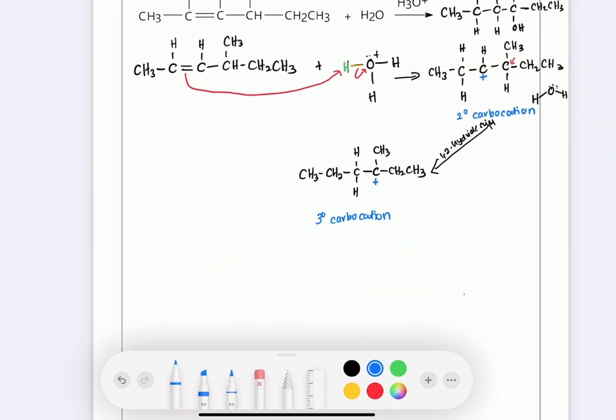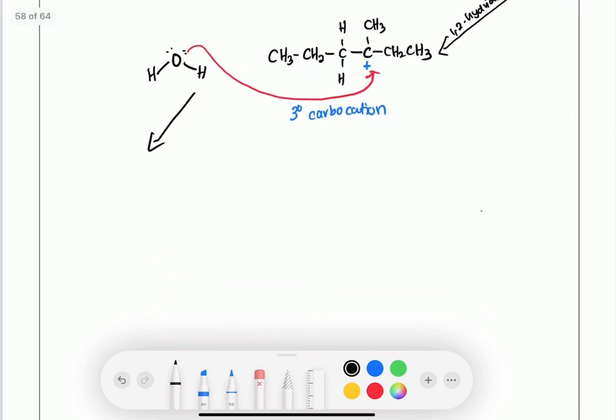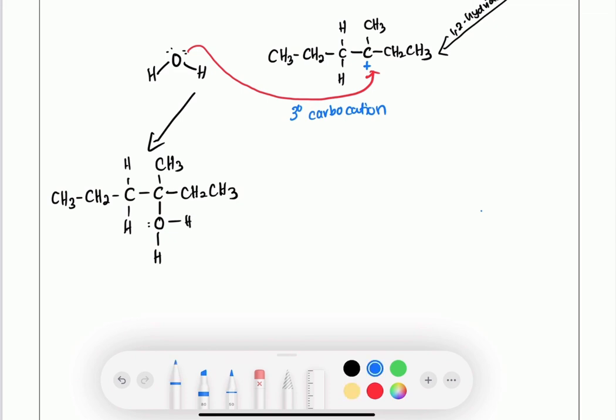Now this will react with water, where this lone pair will attack the carbocation to produce this one.